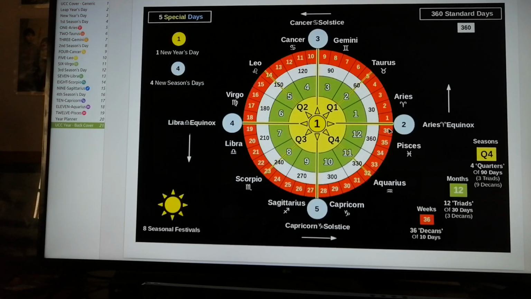So we go through these 3 months, and then we jump off again and have a special day to celebrate the solstice, and then we go back on. So Aries, Taurus and Gemini are the 3 months of spring in the northern hemisphere or autumn in the southern hemisphere. Then we have a special day, and then Cancer, Leo and Virgo are the 3 months of summer in the northern hemisphere and winter in the south, and so on.